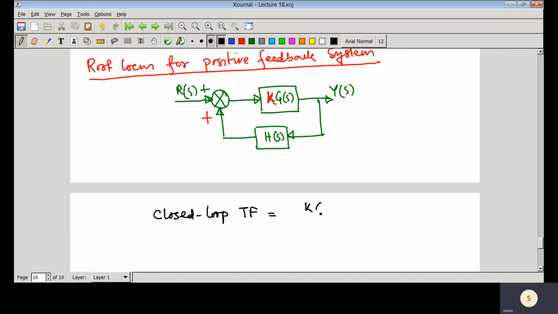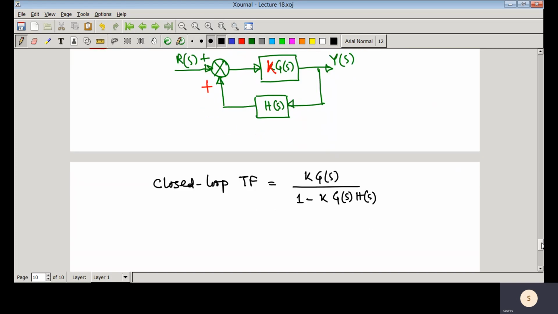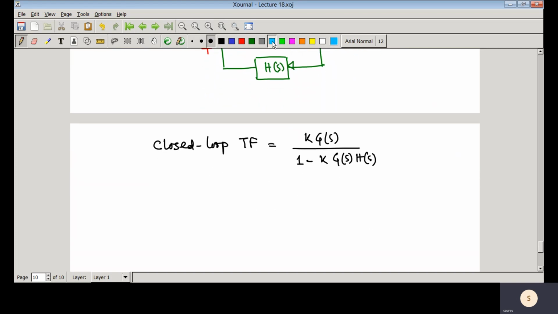The closed loop transfer function would be equal to K of G of s over 1 minus. In case of negative feedback it was plus, so here it would be 1 minus K into G of s H of s. From here it is clear that this is the characteristic equation in case of positive feedback, and the poles of the closed loop system must again satisfy the angle condition and the gain condition.